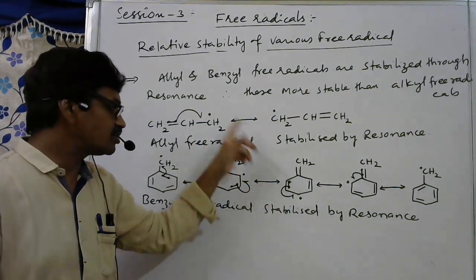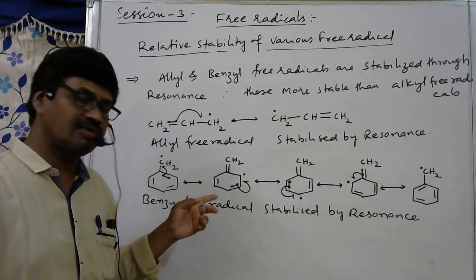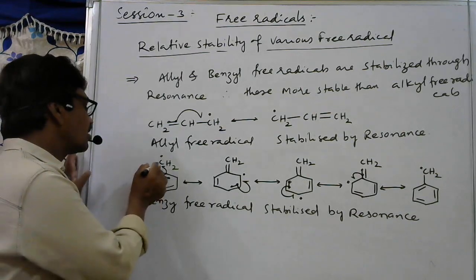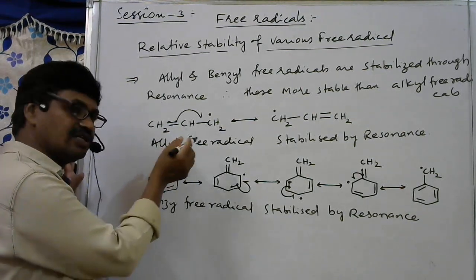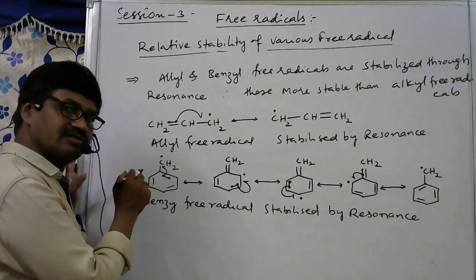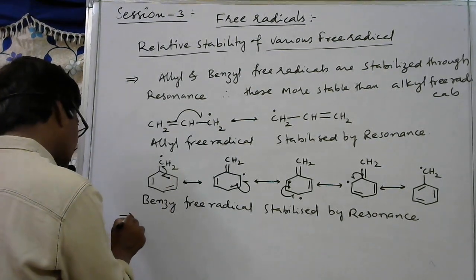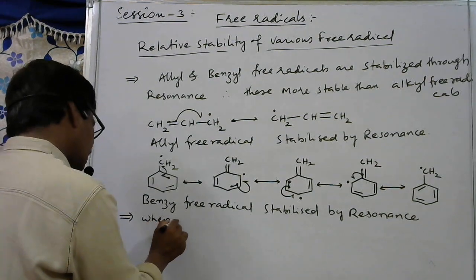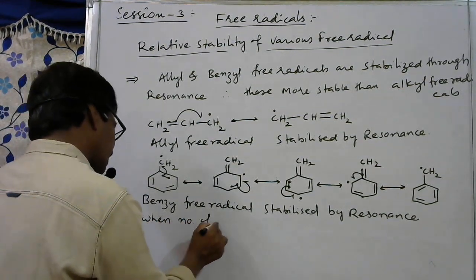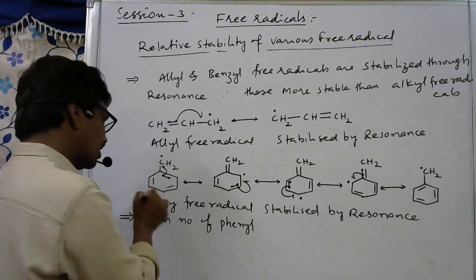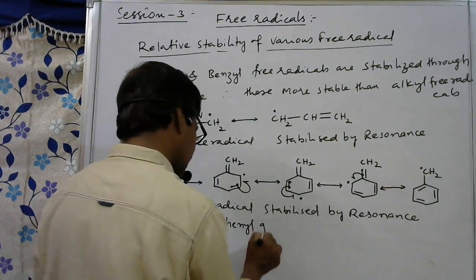So if you compare these two, benzyl free radical is more stable compared to allyl free radical. And on this carbon atom, if you replace these hydrogens with some more phenyl groups, so when the number of phenyl groups increases, phenyl groups means like benzene, phenyl C6H5.